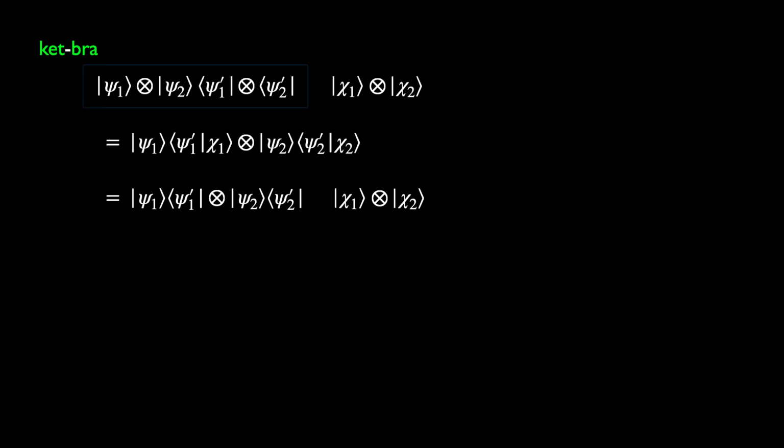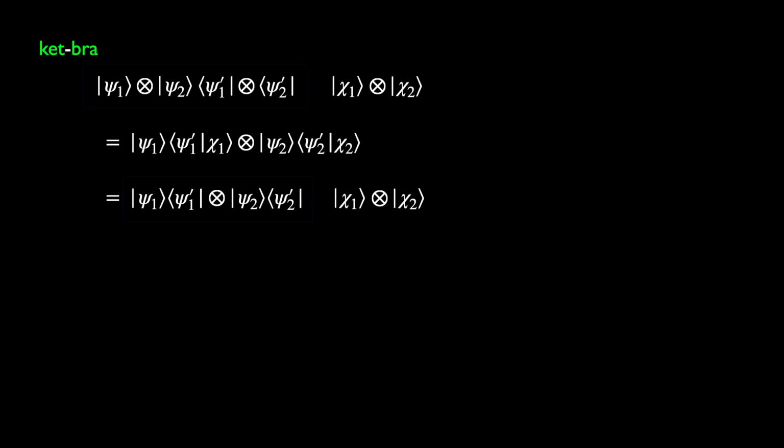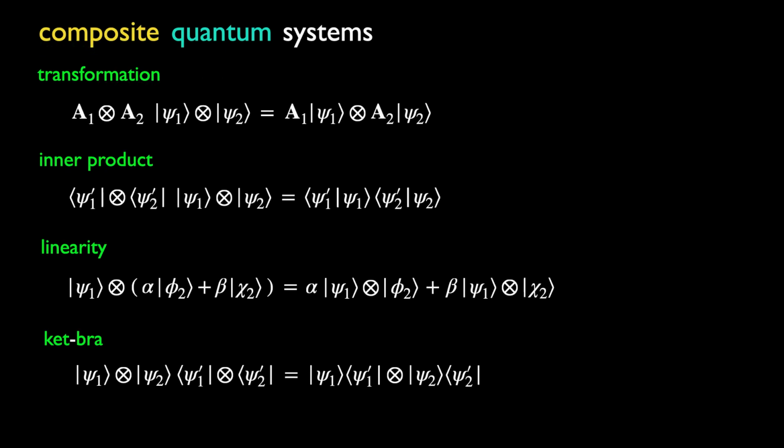This means the cat-bra that we begin with is equivalent to this tensor product of cat-bras. All these rules define how the tensor product operates. This is how we combine the states and observables of single systems to form those for composite systems.